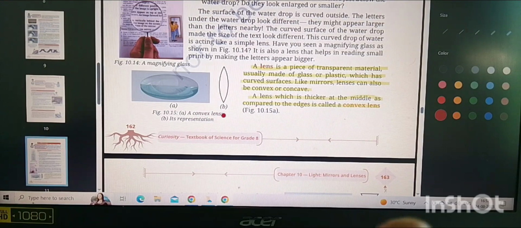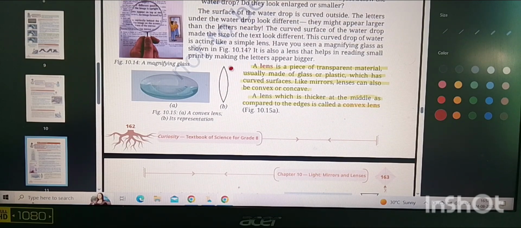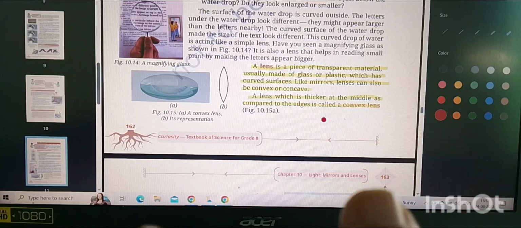In this first image, we are given a convex lens. What is the specialty? It is a lens which is thicker at the middle as compared to the edges. We can see in the image itself, this middle portion is far thicker than the edges. Such a lens is known as a convex lens. You need to know how to draw this one.